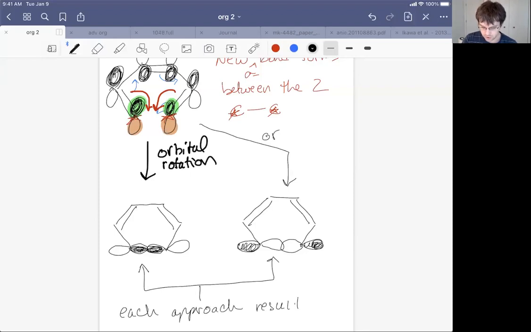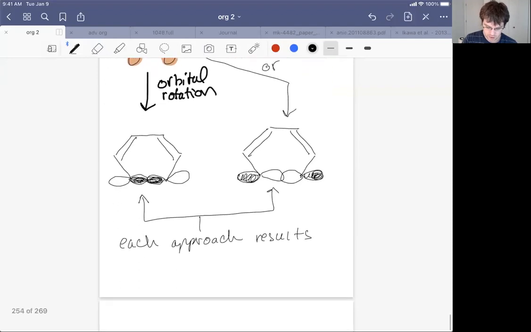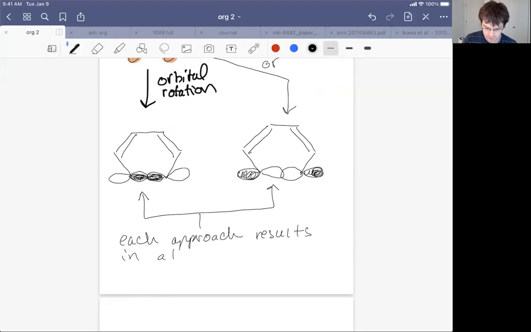So each approach results in a different enantiomer. And if you're like, wait, stereochemistry? Why is stereochemistry getting involved here?